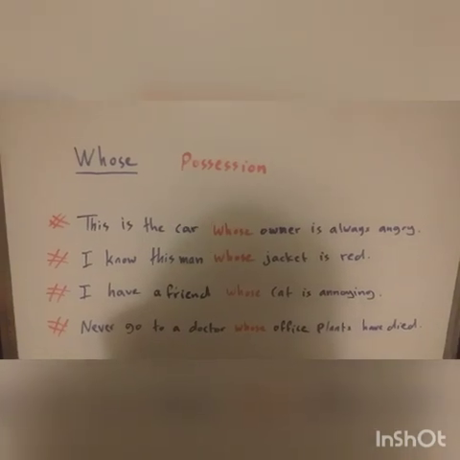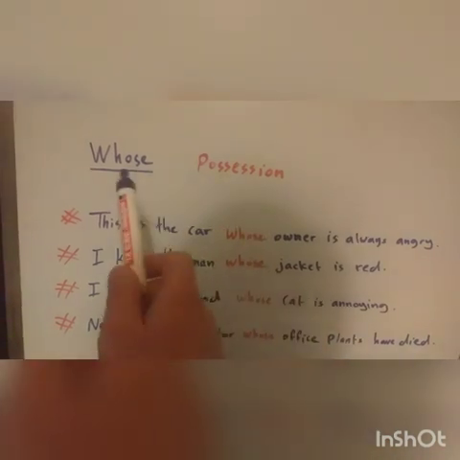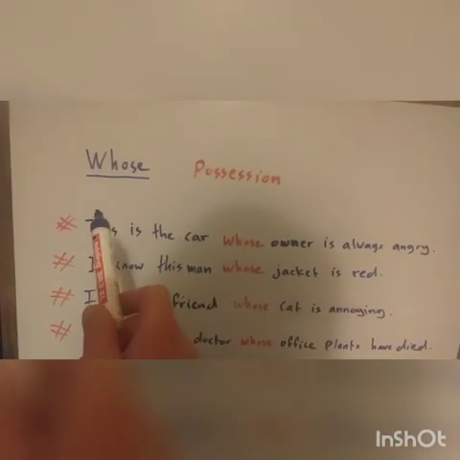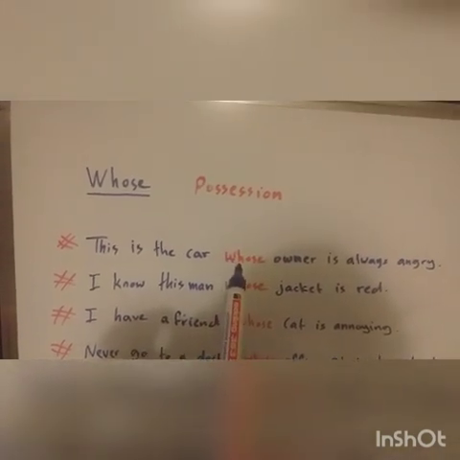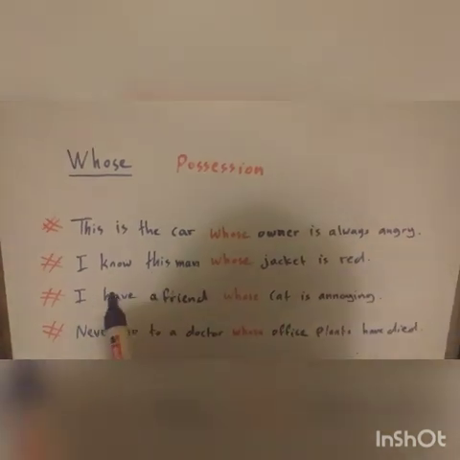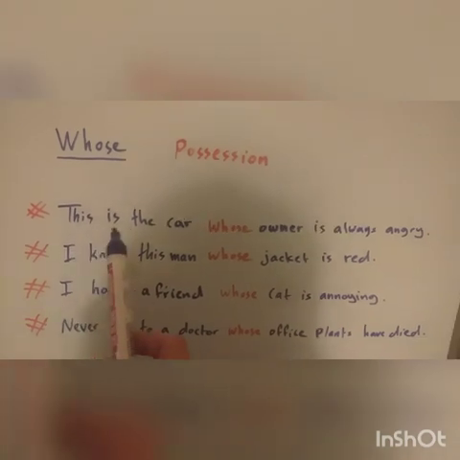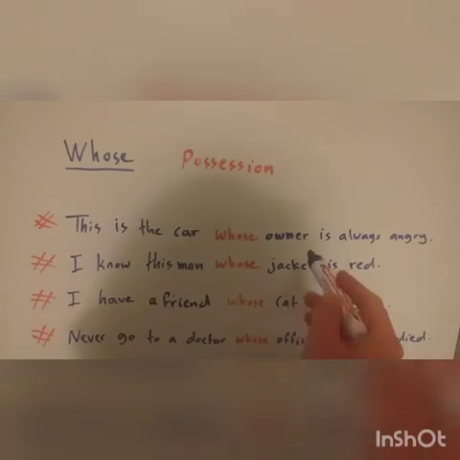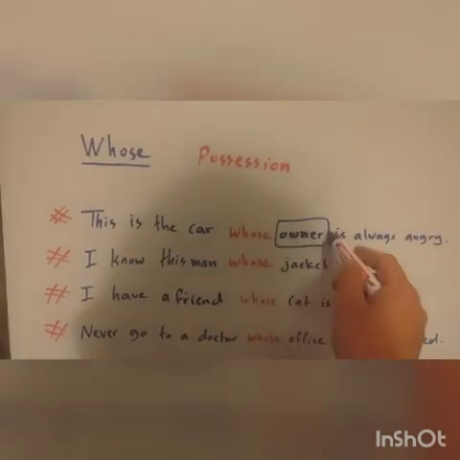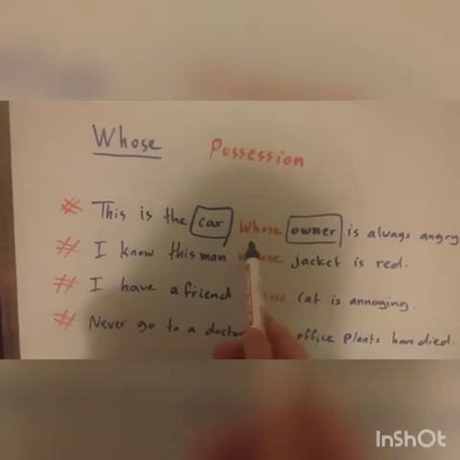Now the relative pronoun that is used to talk about possession is whose. So we use whose to talk about possession. Possession means the things of someone or things that belong to someone. Let's take a look at the examples. This is the car whose owner is always angry. Here we have related the owner to the car by using whose.